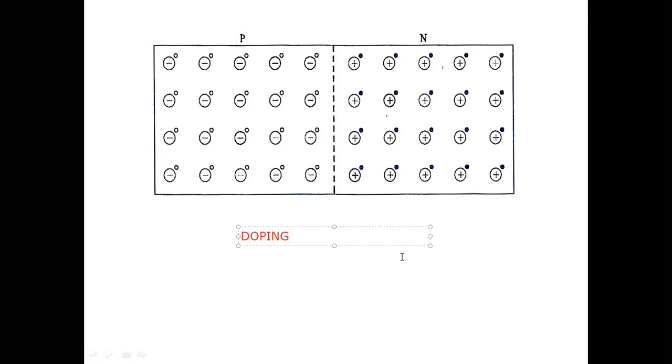So in PN diode, what I am doing is, for 10 power 8 silicon atoms, I am adding one impurity atom in normal PN junction diode.